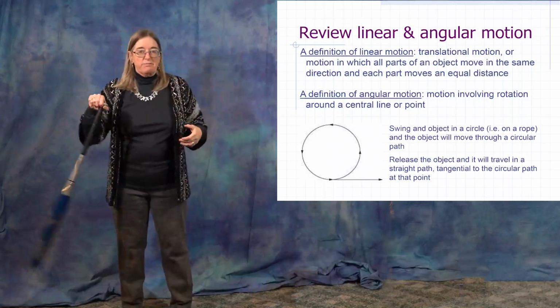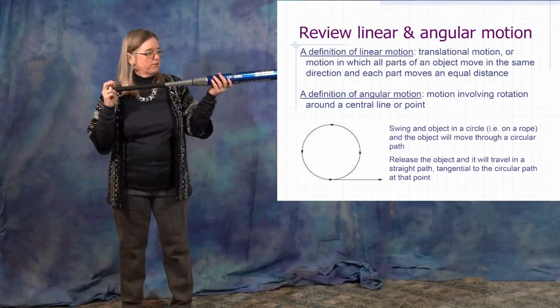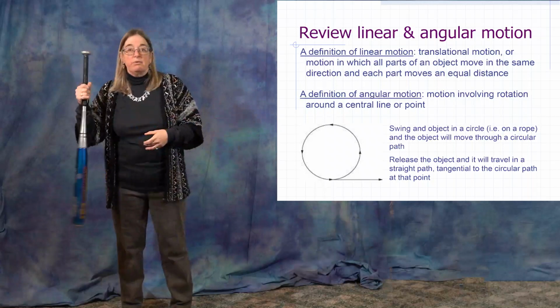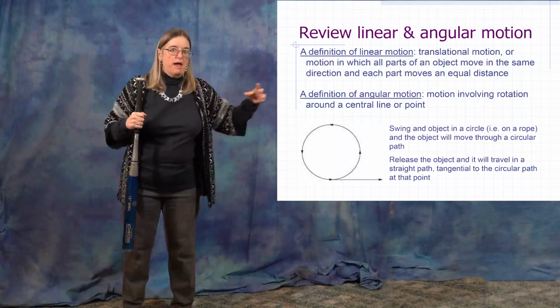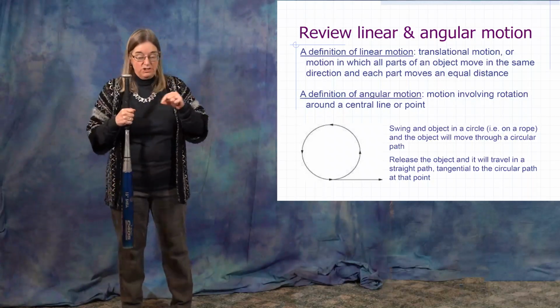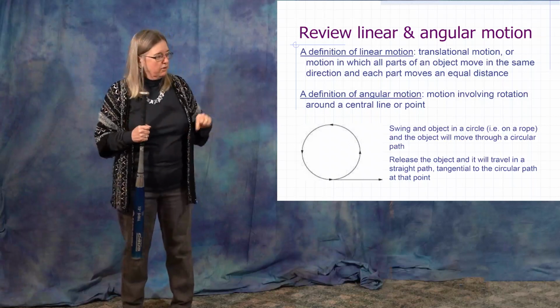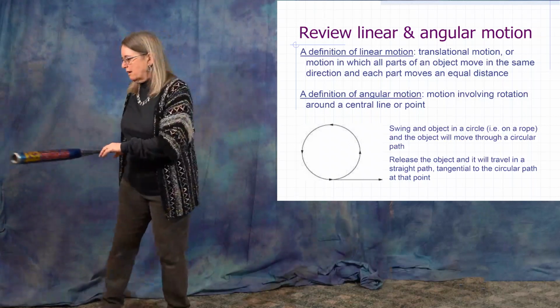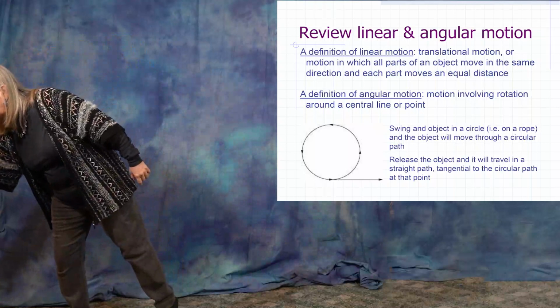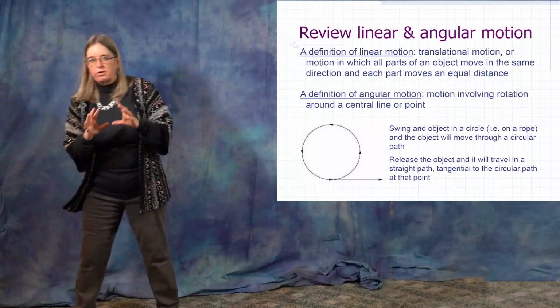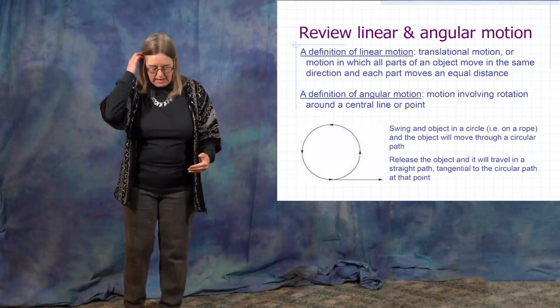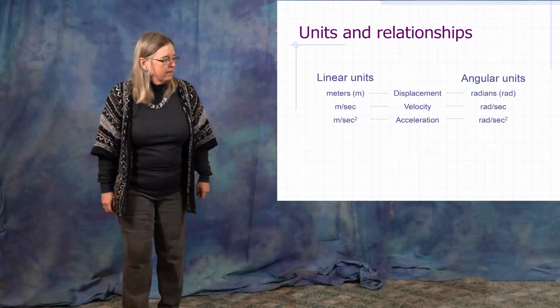If we swing something, we also remember that when we let it go, it will continue on in a straight path, tangent to where it was when we let go, because there's nothing anymore to hold it in place at the axis of rotation.